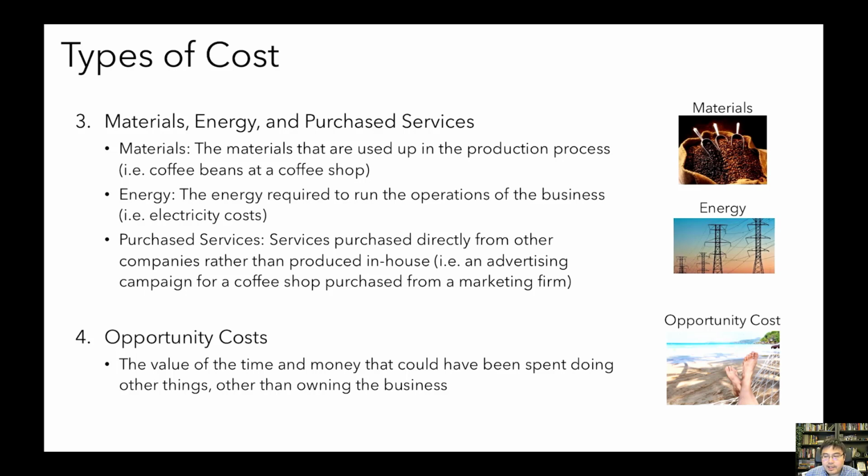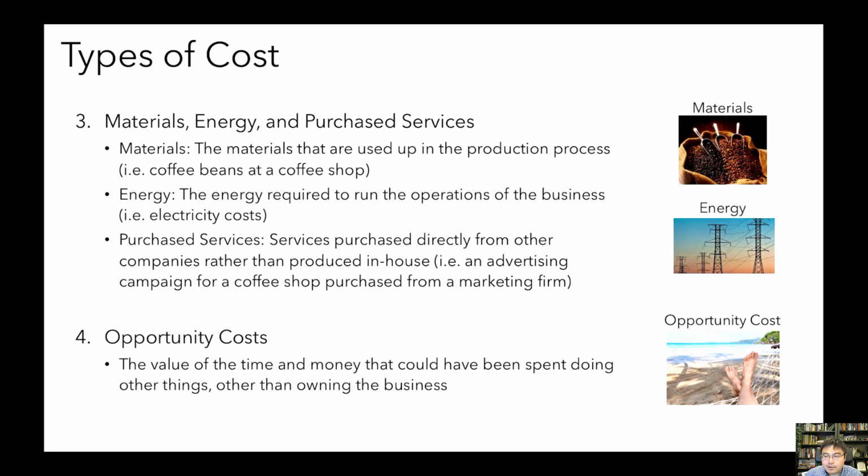All right, so labor, capital, materials, energy, and purchase services. These costs are an exhaustive list of the types of financial costs that a firm might have to pay. But there is one other cost that doesn't represent a monetary cost, but is every bit as important in terms of determining how a firm behaves and what a firm decides to do, and that's opportunity cost.